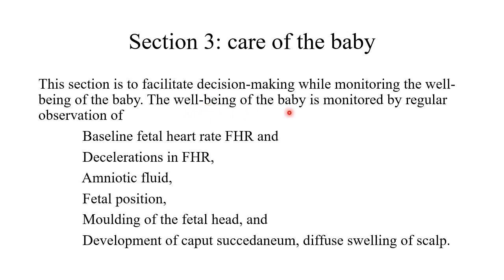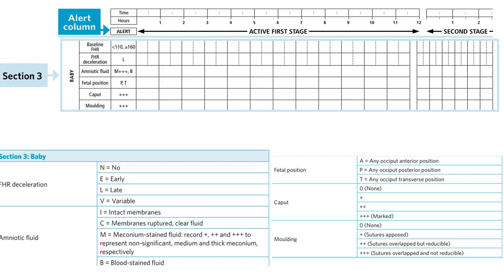The well-being of the baby is monitored by regular observation of baseline heart rate, decelerations in the heart rate of the baby, amniotic fluid color, fetal position in the pelvis, molding of the fetal head, and development of caput succedaneum, which is a diffuse swelling of the scalp.